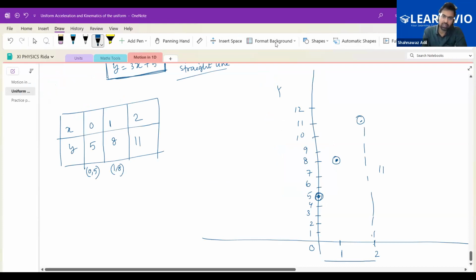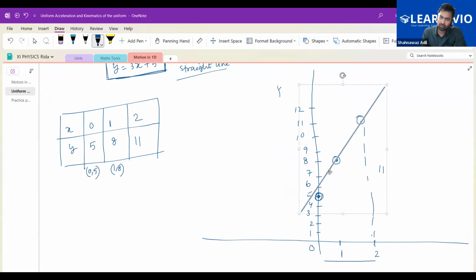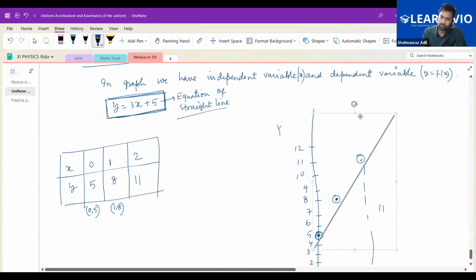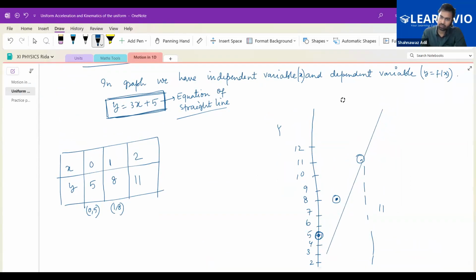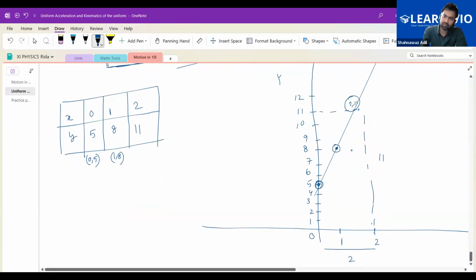It's a straight line, right? Just think that this is a straight line, and because we don't have the axis, let's say this is 2, comma 11. So this is a straight line.